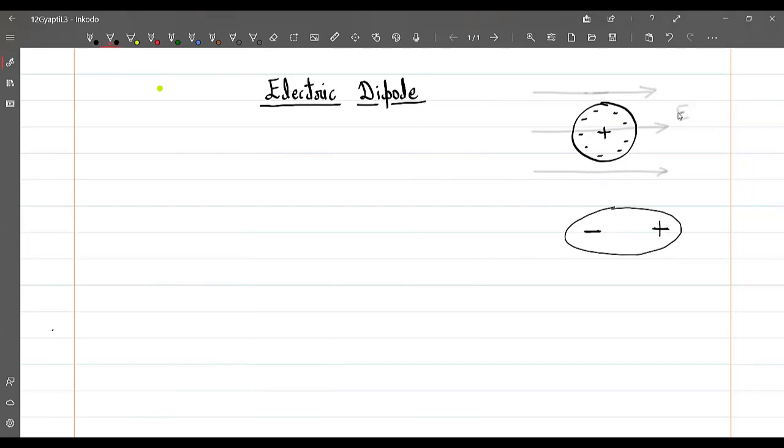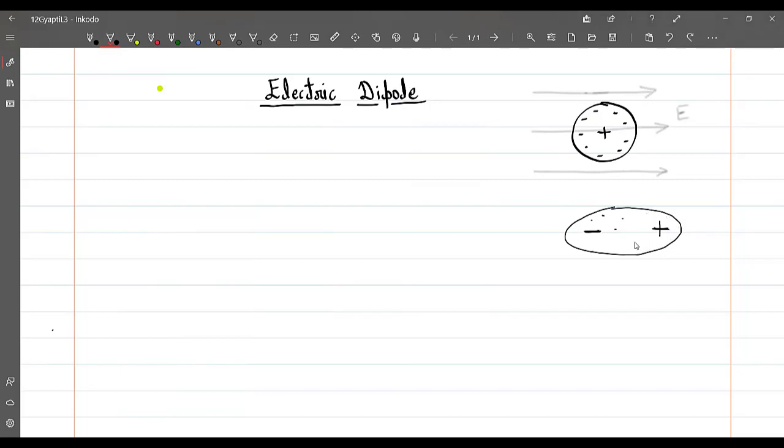So because of the application of external electric field, the positive and negative charges are a bit separated by a small amount. It's not like that all the charges separated, they're still attracted to each other, and that's why they are holding each other. But the electron and proton, the center of the charges, it was like center of mass earlier, the center of charges is separated now.